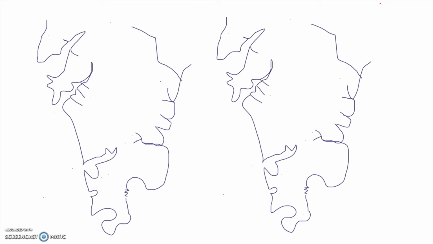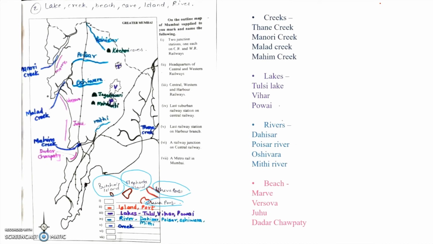Okay, and then try to combine both the maps. Now we will first see this solved map, and we will first learn by heart the names of the rivers, lakes and creeks, because it is very important. If you know the location and you don't know the name, then that will create a problem for you. So you should first know names of all the creeks. That is the reason why I have given all these names here.